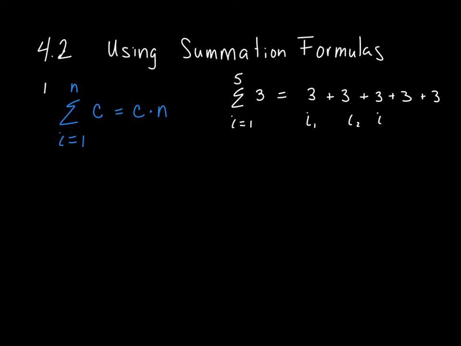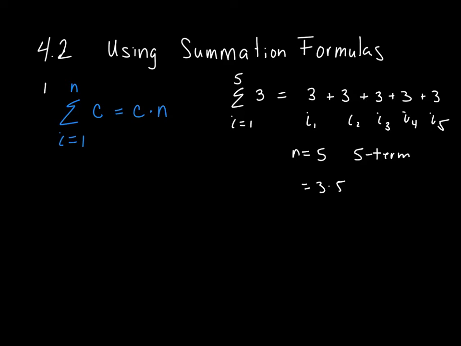Again, in this case n is equal to 5, so I have 5 terms, and that just means it is equal to 3 times 5. But the general formula is one that we're going to go ahead and use.